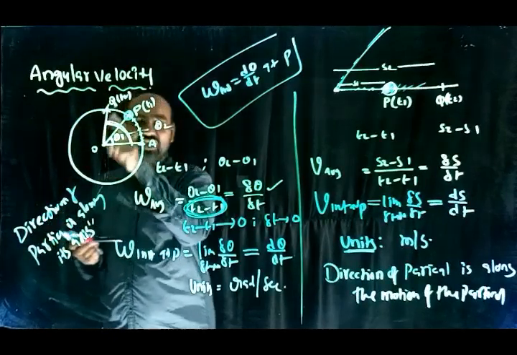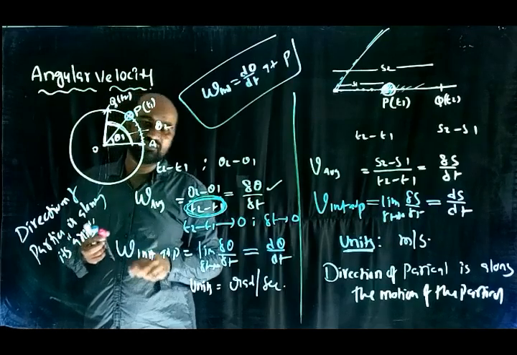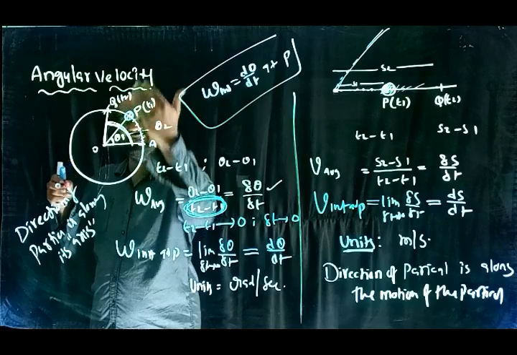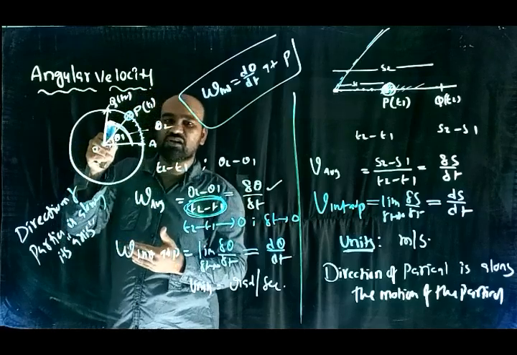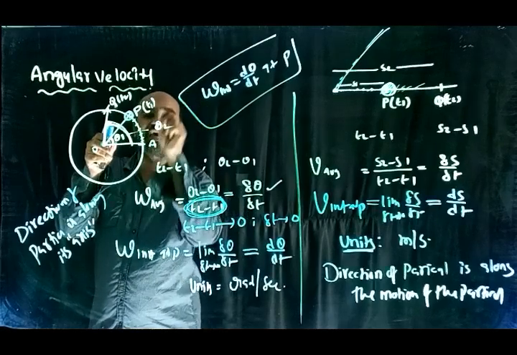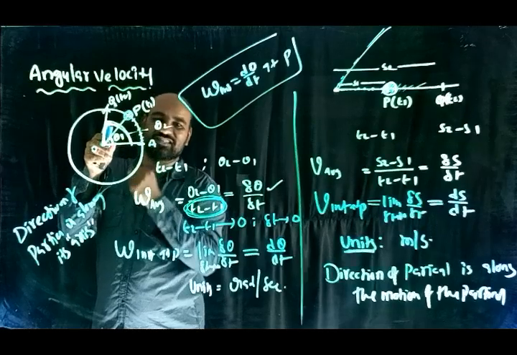Assume that this is a wheel and a particle is moving on this wheel. Its axis is nothing but my marker. The plane of the wheel is perpendicular to the axis. The direction of angular velocity is along the axis.